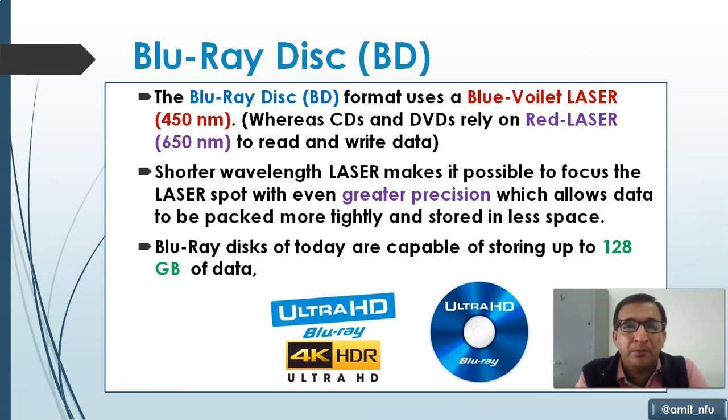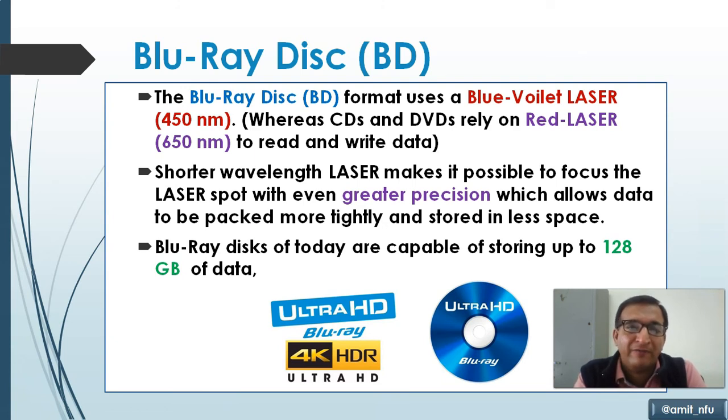Now see here, Blu-ray Disc uses a special kind of laser called blue violet laser, whereas the DVD or CD uses red laser to read or write the data onto the disc, and the wavelength of this red laser is 650 nanometer, whereas in case of blue violet laser it's 450 nanometer.